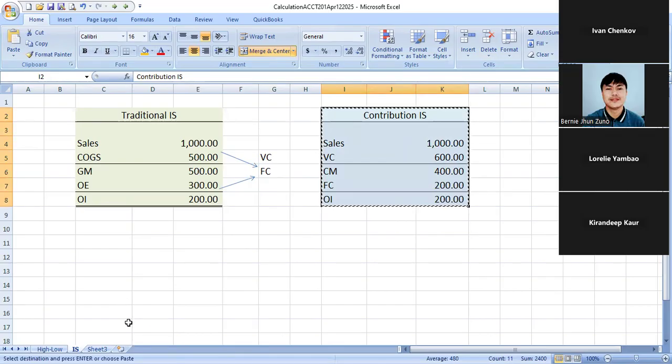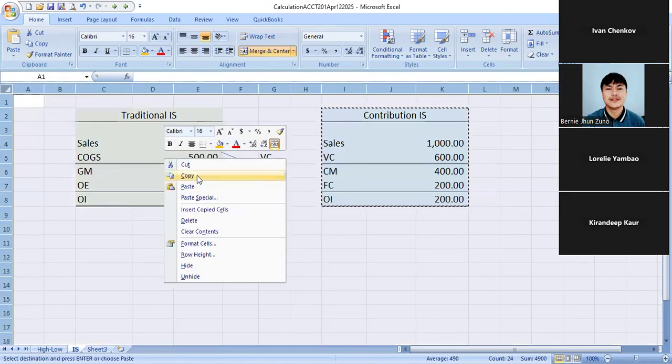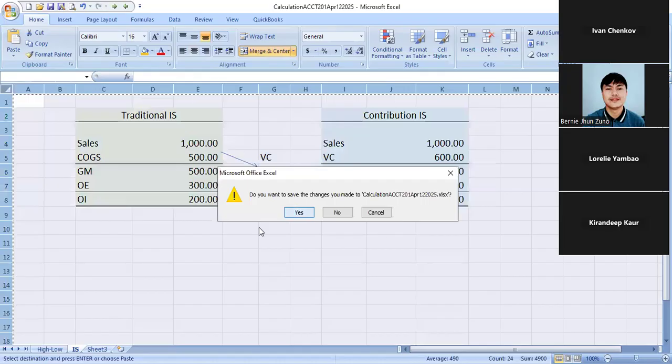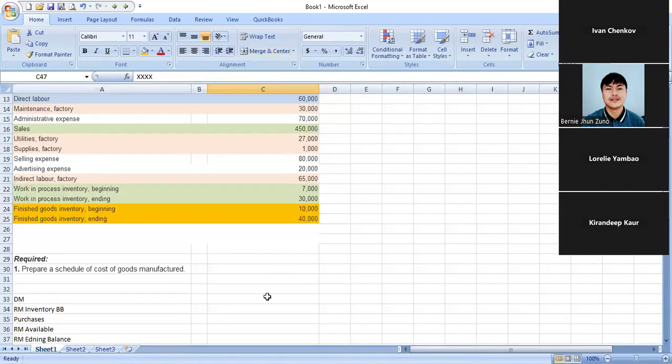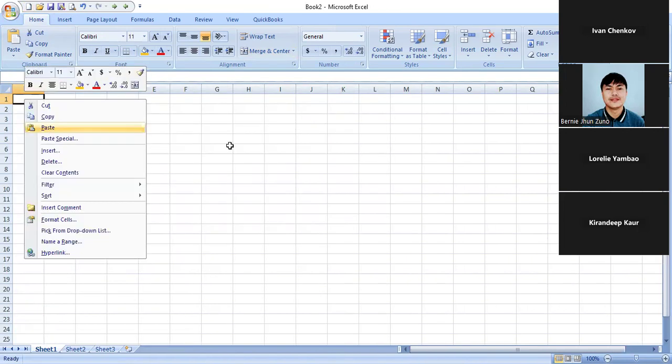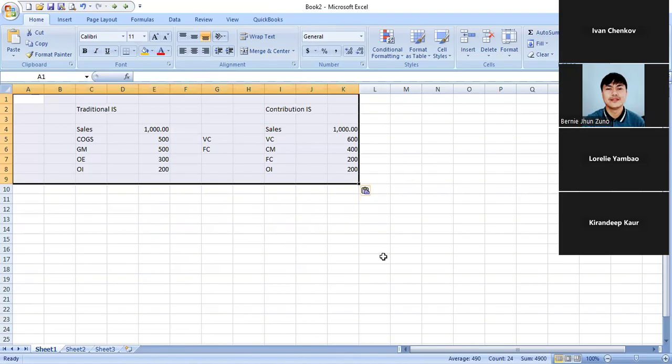Because today, we're going to start working on this, but I'm going to start a new Excel spreadsheet so I can post a different Excel spreadsheet for you. I'm going to close this one for a moment and open a completely new Excel spreadsheet, and I'm going to post all this information that we just got right here.